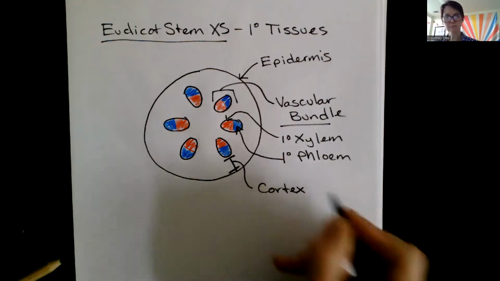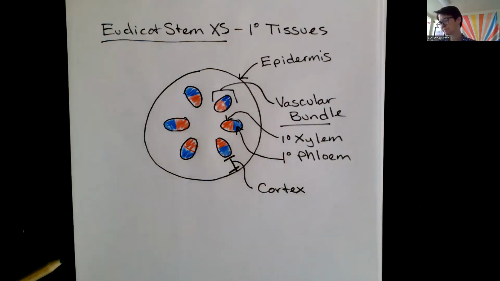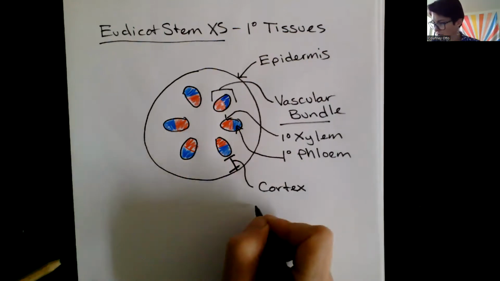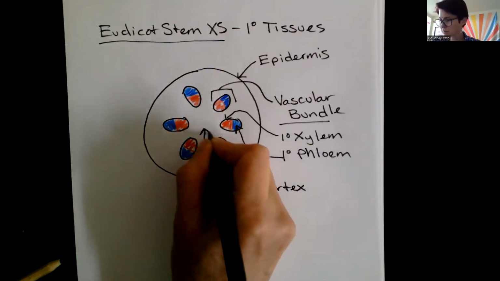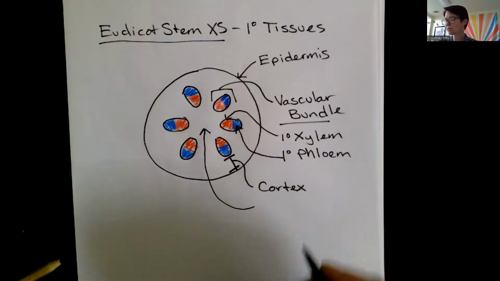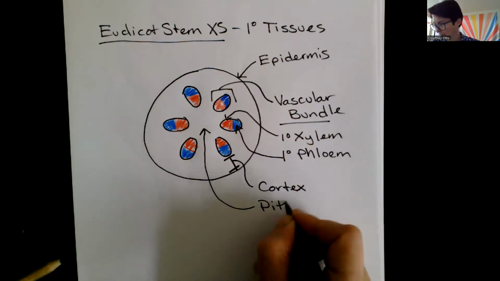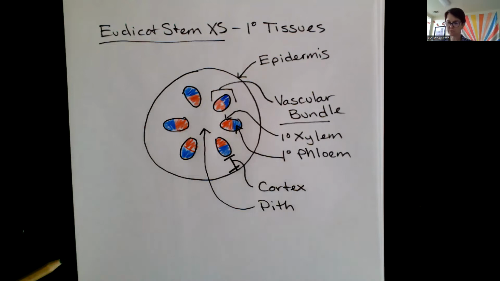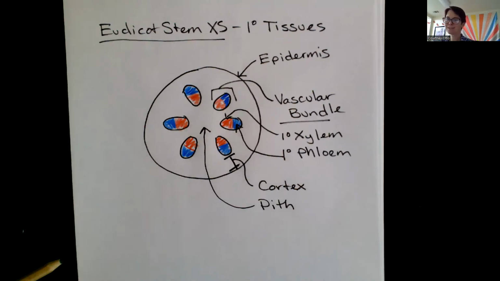We use this term in the root to refer to a similar region. If I'm inside of my bundles of vascular tissue, we're in the region of ground tissue called the pith. We use that term in a root too, to refer to ground tissue that was inside of vascular tissue.